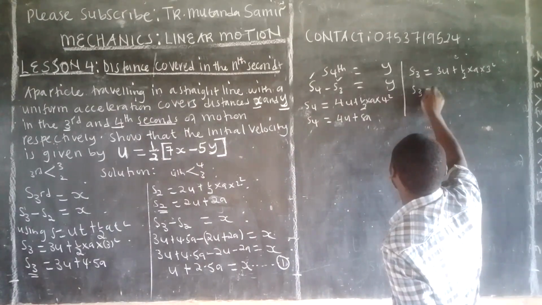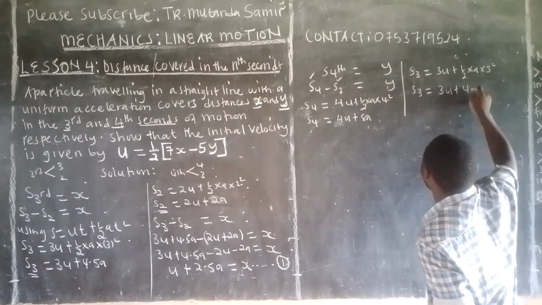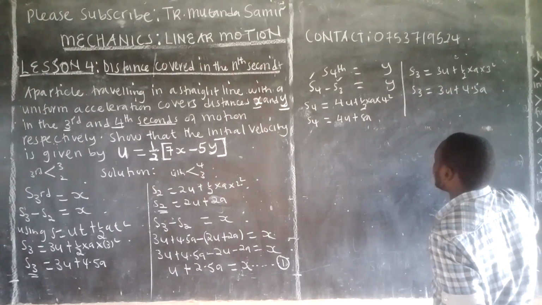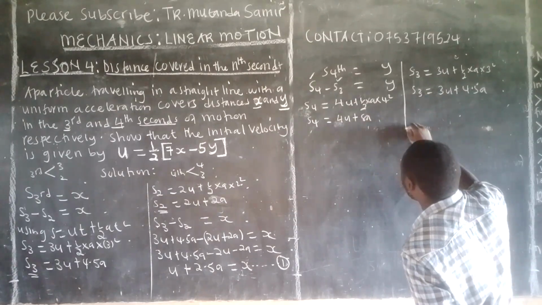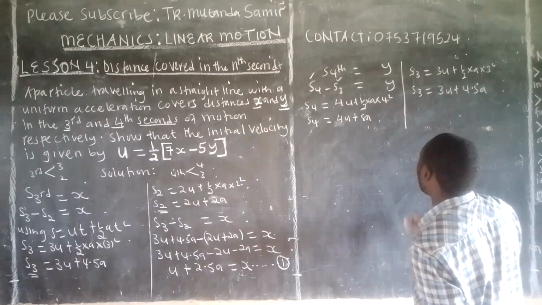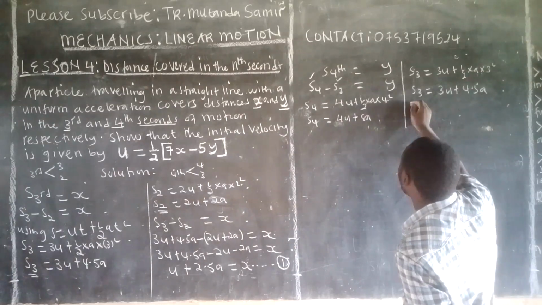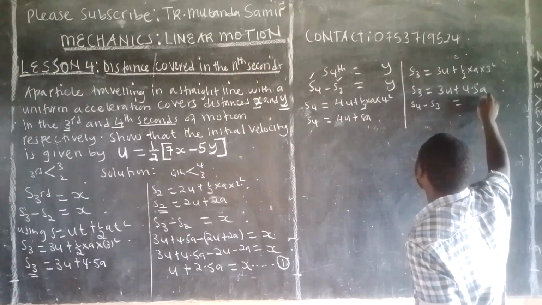After simplifying, s3 will give us 3u plus 4.5a. So what next? Let us substitute and simplify. We know that s4 minus s3 gives us y.